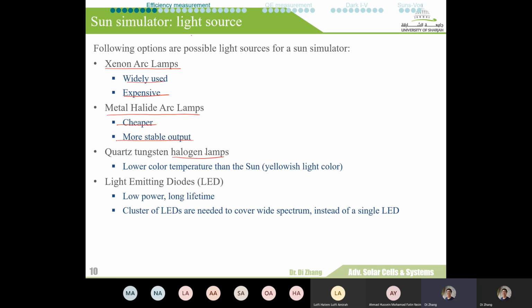These lamps also produce a spectrum that is usually different compared to the solar spectrum. We know that the solar spectrum has a yellowish light color, with the peak usually around the yellow color. But these halogen lamps typically produce a lower color temperature, meaning that overall the light will have a slightly different color, and the peak of the spectrum is not exactly the same as the solar spectrum.